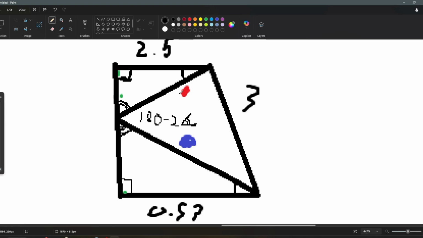But what do I do here? Should I bisect this into a 90 degree? That wouldn't do anything, because we don't get any right angles. Yeah, nothing.